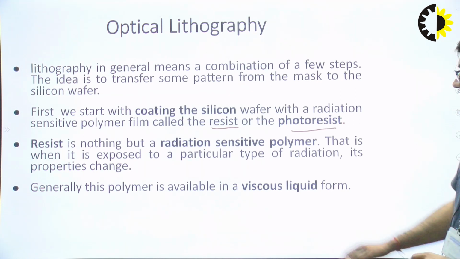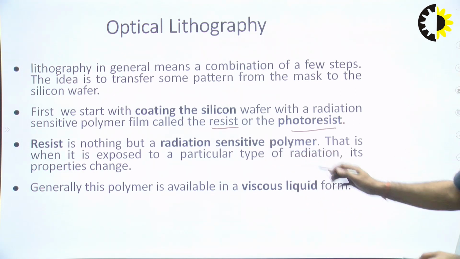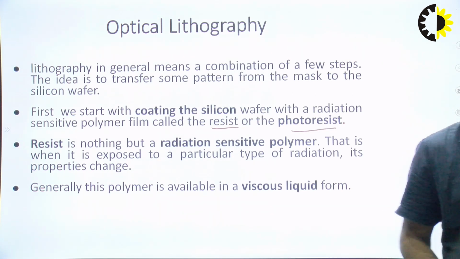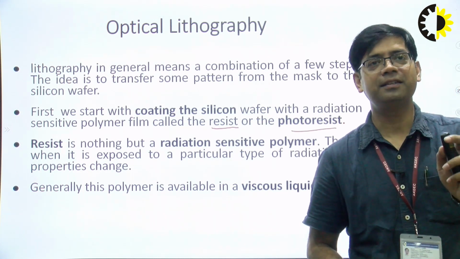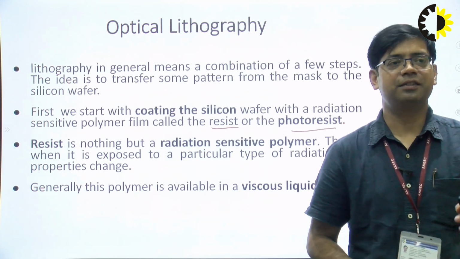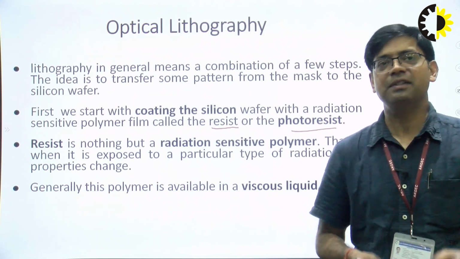Resist is a radiation sensitive polymer, that is, when it is exposed to a particular type of radiation, its properties change. And this polymer is generally available in a viscous liquid form.